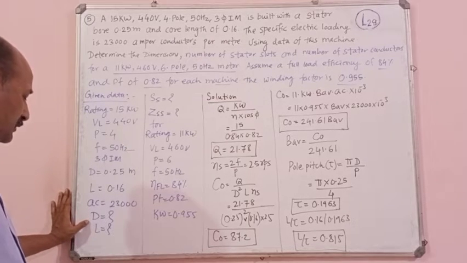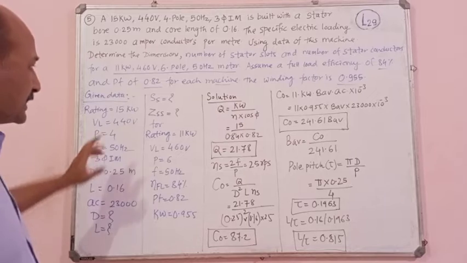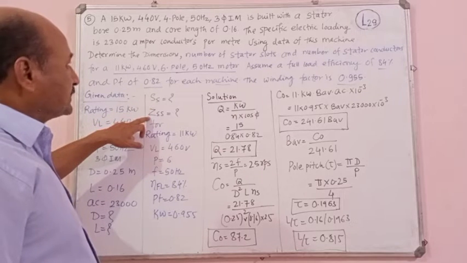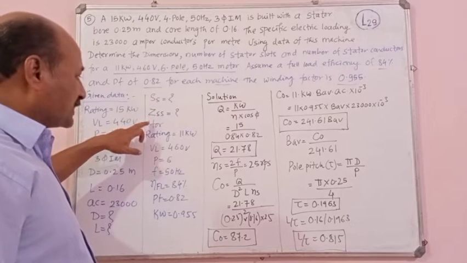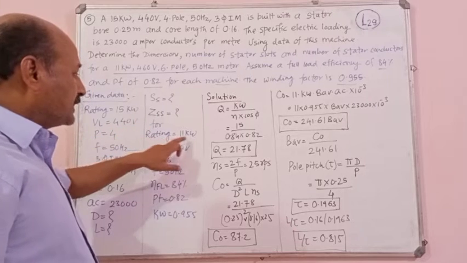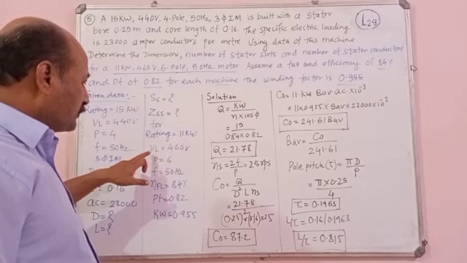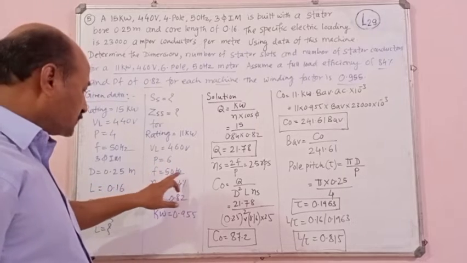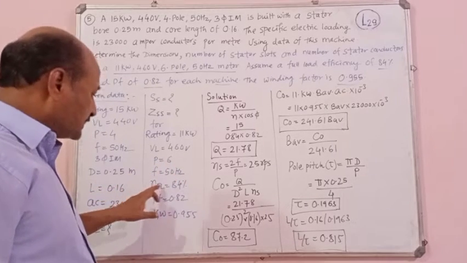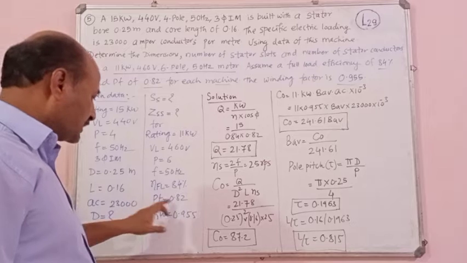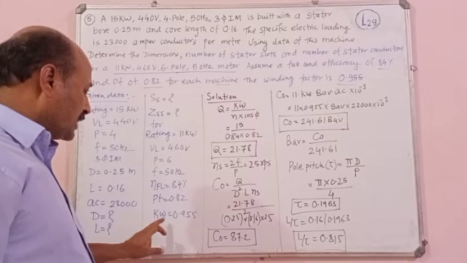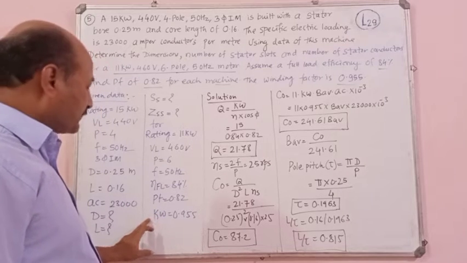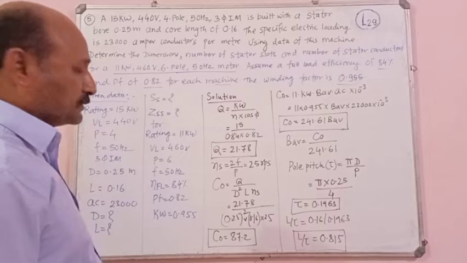Capital D we have to calculate, capital L we have to calculate, then stator slots and stator conductors per slot we have to calculate. For the rating of 11 kilowatt, VL equals 460, number of poles equals 6, F equals 50 Hz, full load efficiency equals 84%, power factor equals 0.82, and the winding factor equals 0.955.